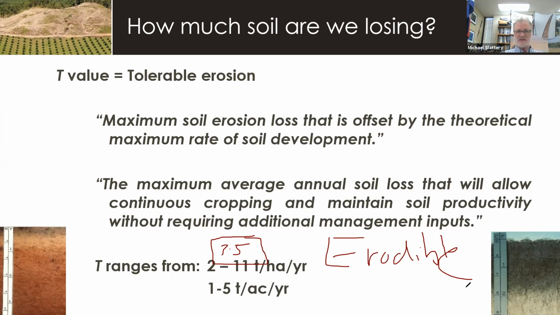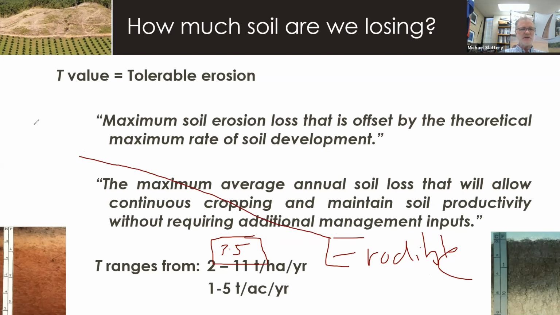Depending on the clay content, the organic matter content, the chemistry of the soil, and the climate, how much rainfall is driving that. So soils have a certain erodibility. Some are pretty stable and not very erodible. Others are highly erodible. So the T value is a range, and it depends on how erodible the soils are.